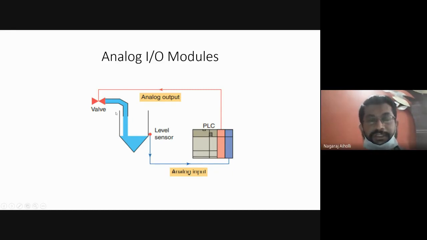Okay, so this is called a complete control system, including the feedback loop and the input loop. So this is our input signal. We are applying it to the PLC. We are getting the feedback signal, or the analog output voltage. We are applying it to the valve, and we are controlling the flow of the liquid into the storage in the tank. Okay.